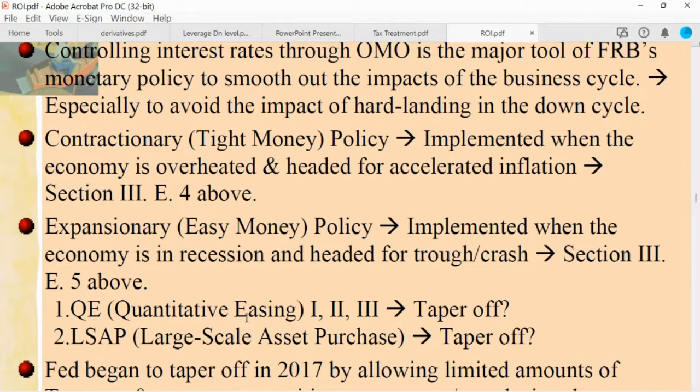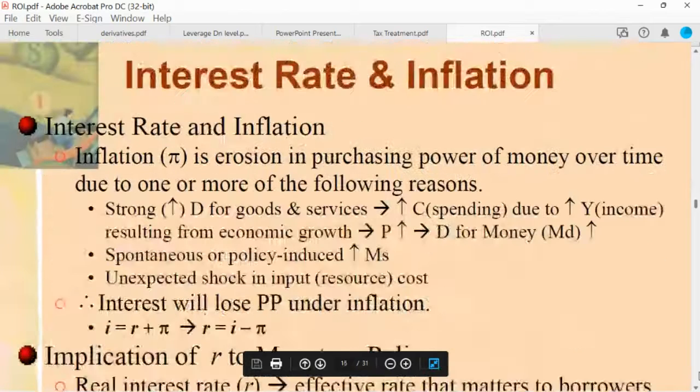So it's time to taper off. The opposite of quantitative easing is called quantitative tightening. If they do it on a massive scale, it's called quantitative tightening. Okay, so the policy can go either way, right?